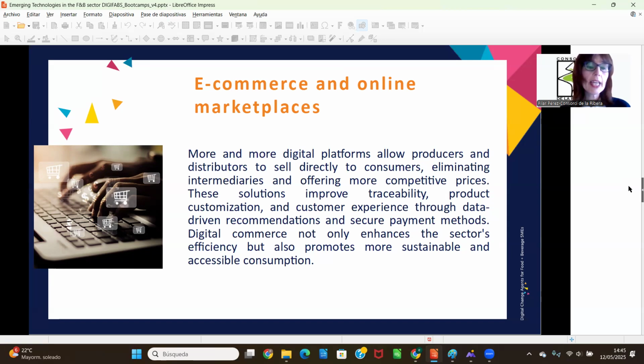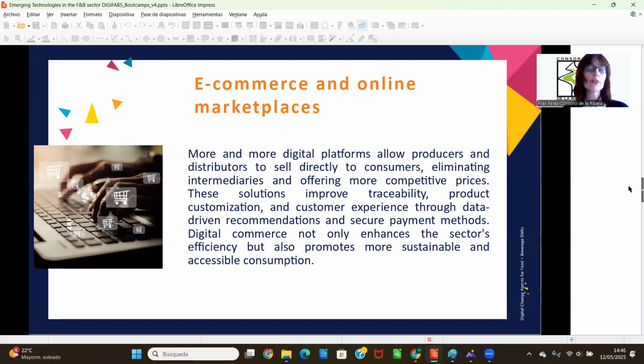Nevertheless, it also meant a different way of thinking for all kinds of SMEs. For example, in the case of farmers, e-commerce opens the possibility to sell online, avoiding intermediaries and getting top prices. Also, digital marketing has experienced significant growth, and the new generations are more used to buying online than in person because it reduces time.